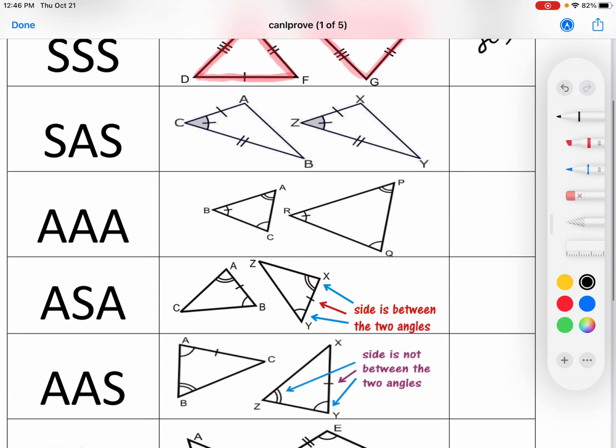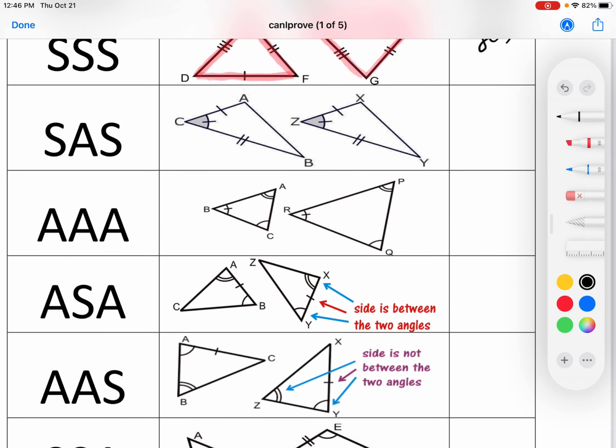All right, up next, SAS. SAS stands for side, angle, side. What that's talking about is this right here. We've got two sides of our triangles that are congruent. I'll put those in one color and, in a different color, I'm going to mark the angles that are congruent, that right there and that one right there.